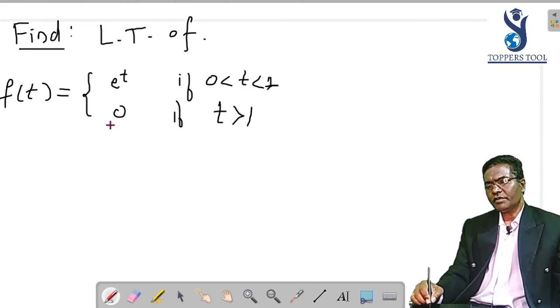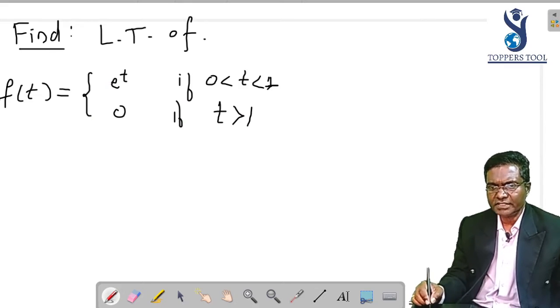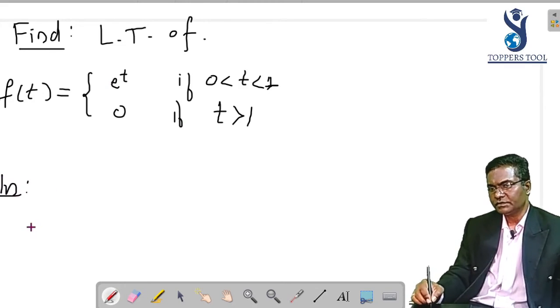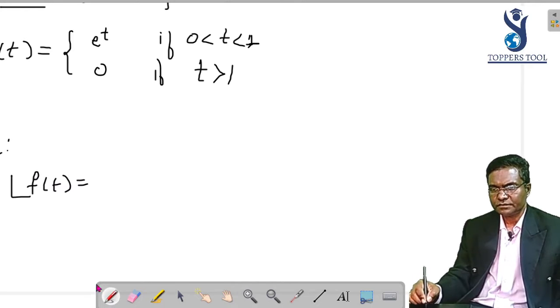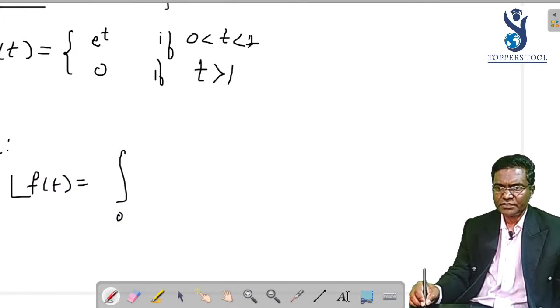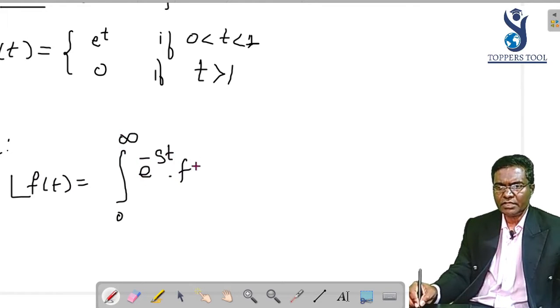Okay, suppose you are given a function like this, then how can you find the Laplace transform? Very simple, you have to use your basic definition. What is actually L of f of t? By the definition, L of f of t is the integral from 0 to infinity of e power minus st into f of t dt.